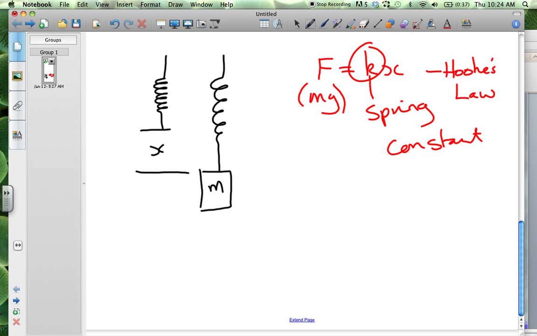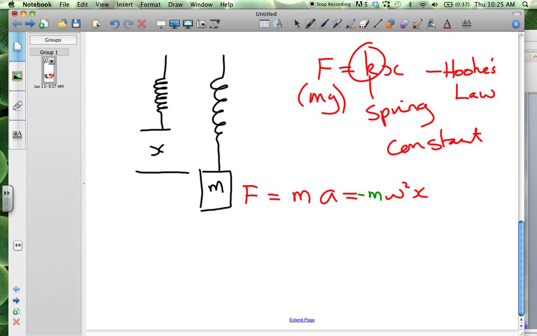Now, looking at this, we've got our general form that a is equal to minus omega squared x. And we know that force is equal to ma. So I can put in therefore minus m omega squared x would be giving me my force.